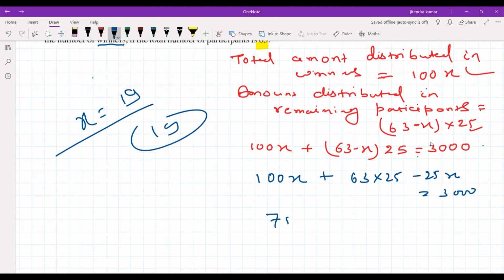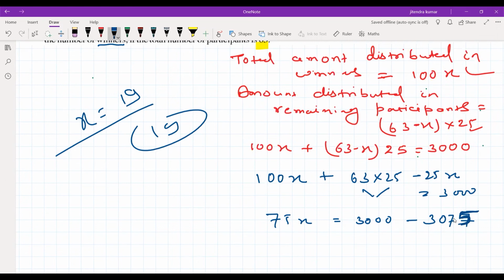So this will give us 75x is equal to 3000 minus, if we multiply these two, this will give us 1575.